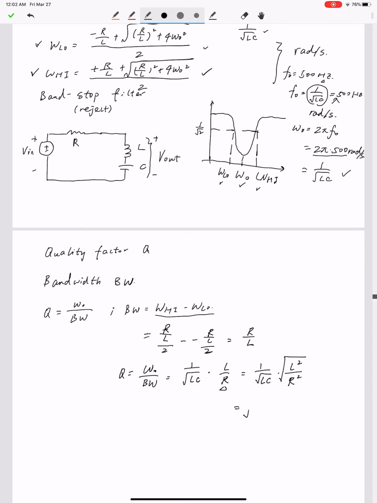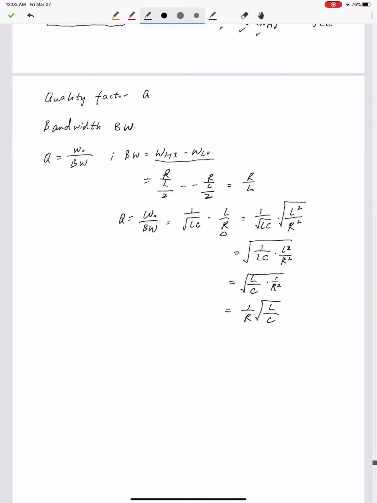And that equals the square root of 1 over LC times L squared over R squared, which equals the square root of L over C times 1 over R, which equals 1 over R times the square root of L over C, correct? So that's the quality factor.